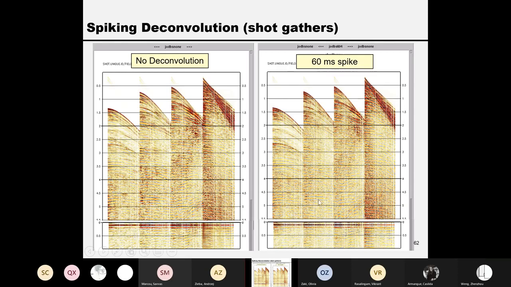You can slightly reshape the signature, but it seems the multiple is still here, right? Or the short period multiple is still here. All right, that's too short. Seems that's not effective. Operator too short, right?